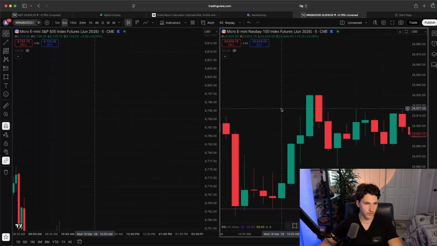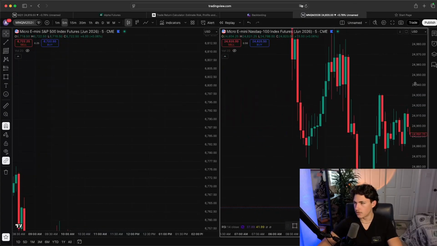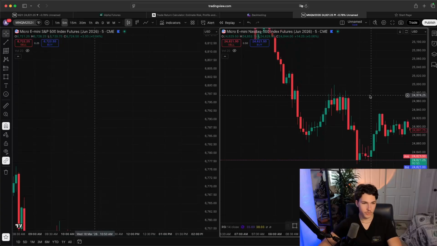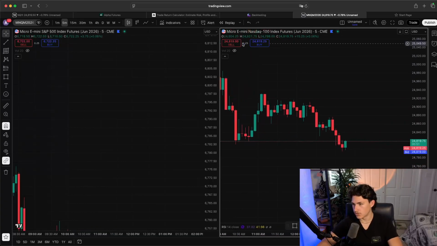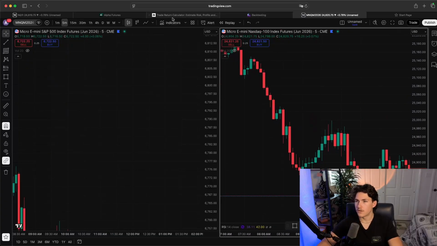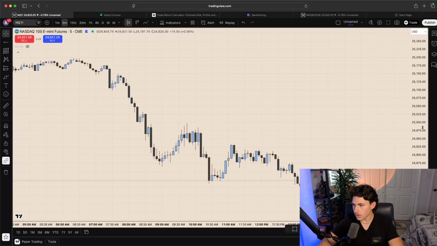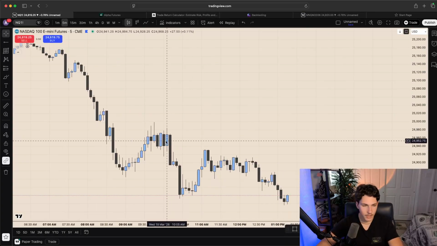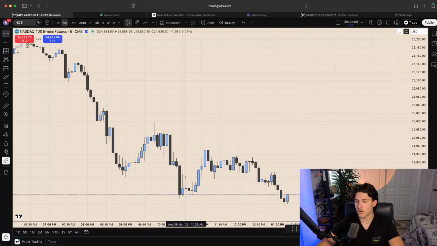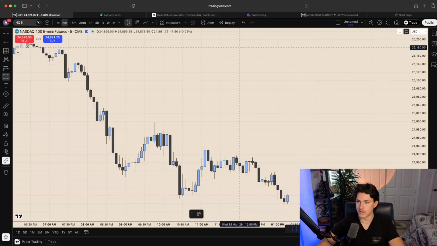This is probably what your chart looks like. I highly recommend you change this because it's terrible for your psychology. It also just looks terrible. So we're going to go back over here. But just so you know, green candle, red candle. Pretty simple. So let's get into what a candlestick is.